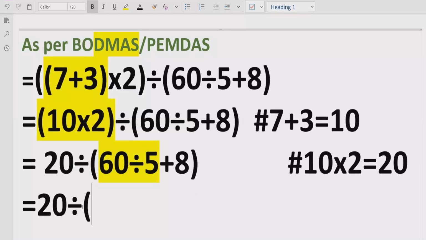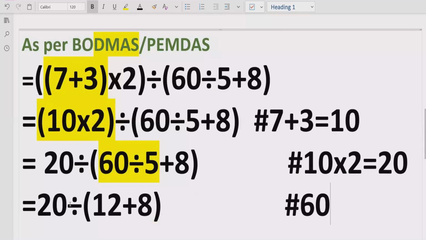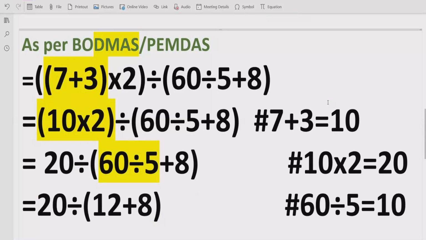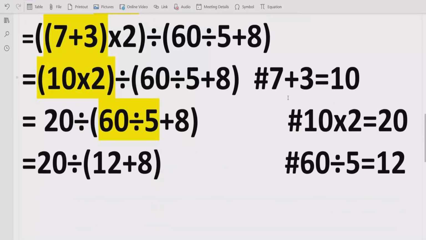So here we will solve it: 5 twelves are 60. And then plus 8, we will write again as it is. And here we have to give the reference, 60 divided by 5 equals 12.